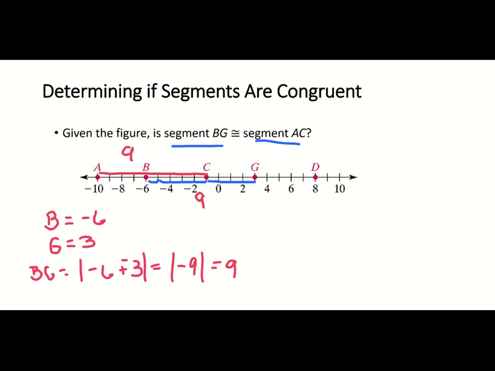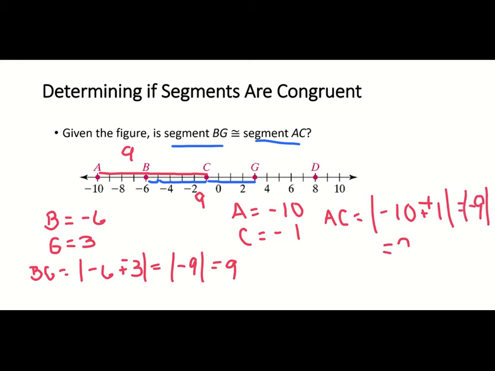And then do the same thing with A and C. So I know A is -10, C is -1. So when I find the distance between AC, I'll do -10 minus -1. Again, plus a positive right there. So that gives me a -9. And when we find the absolute value, it equals a +9. So two different ways to look at the problem. It's really up to you how you choose to do it, what you think is easier.